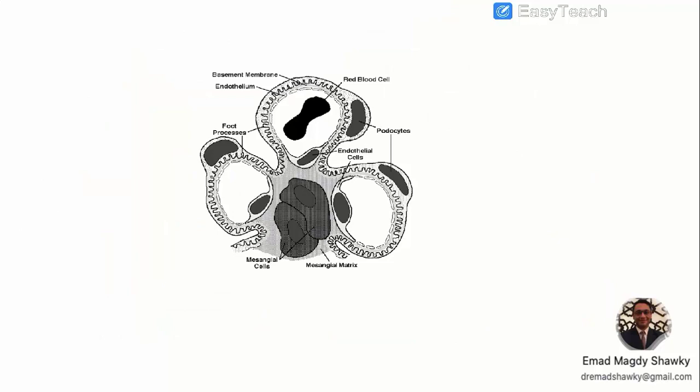So let's go to the differences in the glomerular disorders. If any structure of the glomerular capillary is affected, we can divide this into two main syndromes.